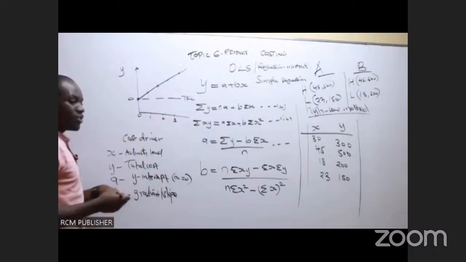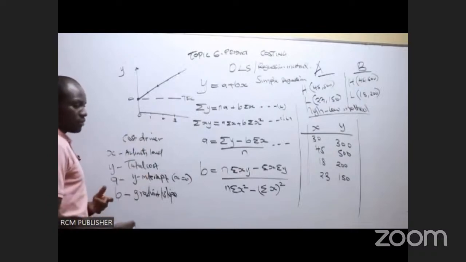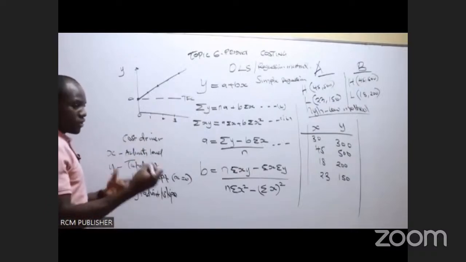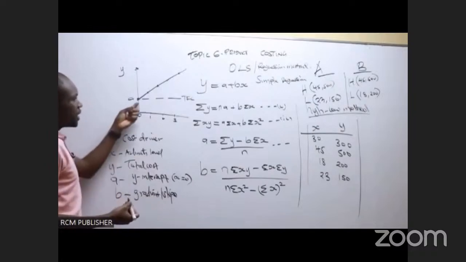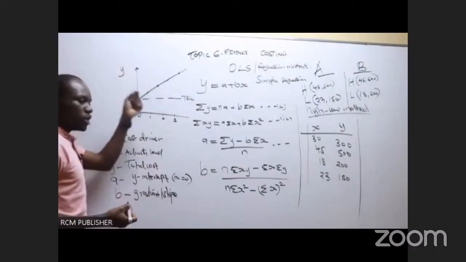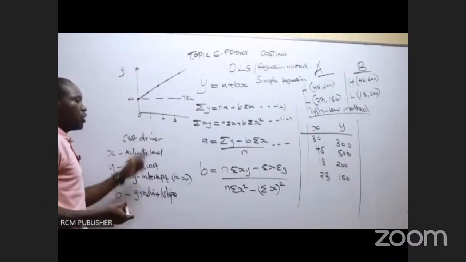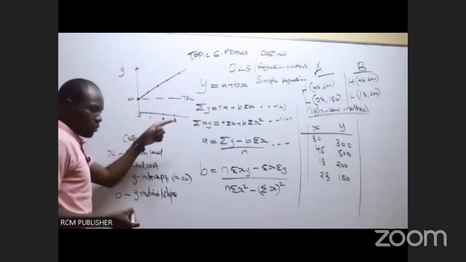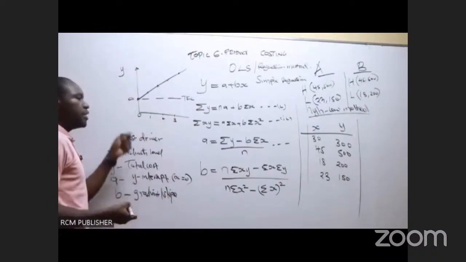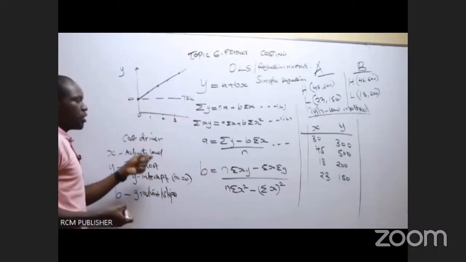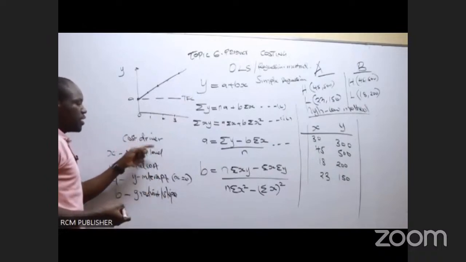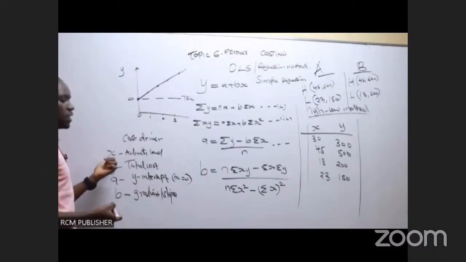Remember, the total fixed cost does not change. It is constant, and therefore the changes in the total cost will not depend on the fixed cost, but only on the variable cost.